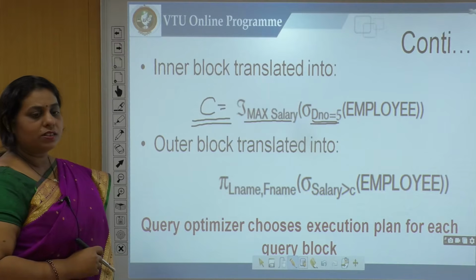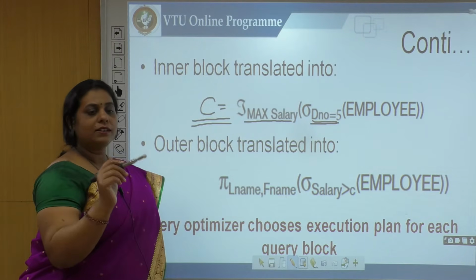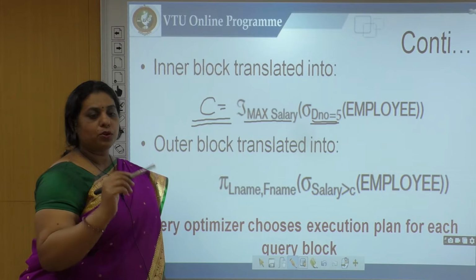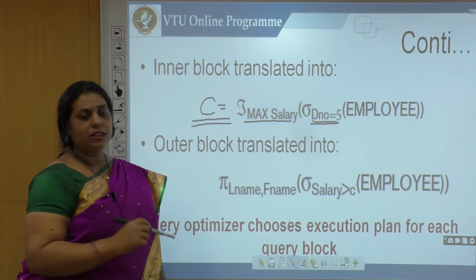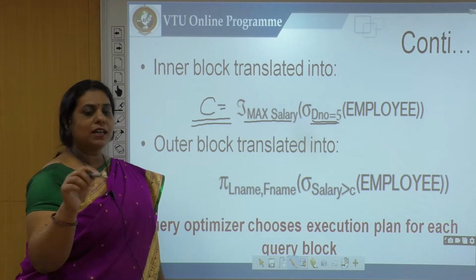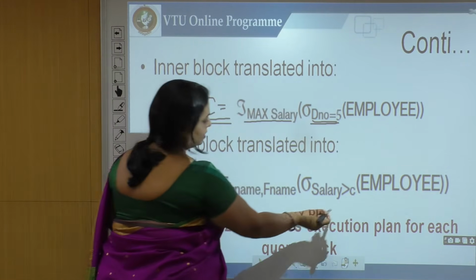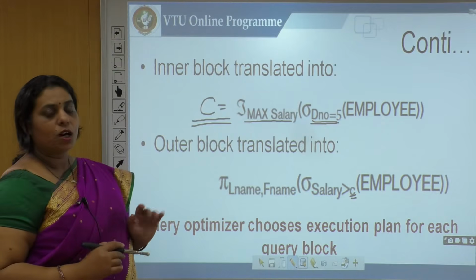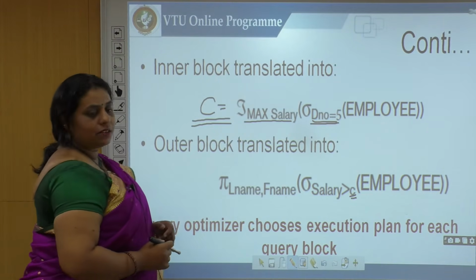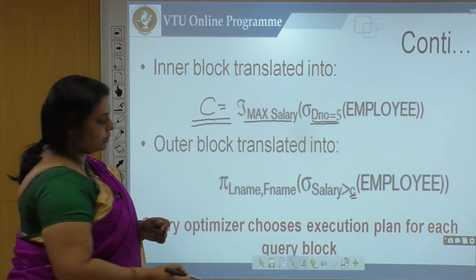What was there in the outer statement? The outer statement was telling: select the last name and the first name from the employees who are getting more salary than the max salary of department 5. Now the max salary of department 5 is reduced to just C. Only the outer query remains to be written. What was the outer query? I want to project, meaning I want to display which columns?